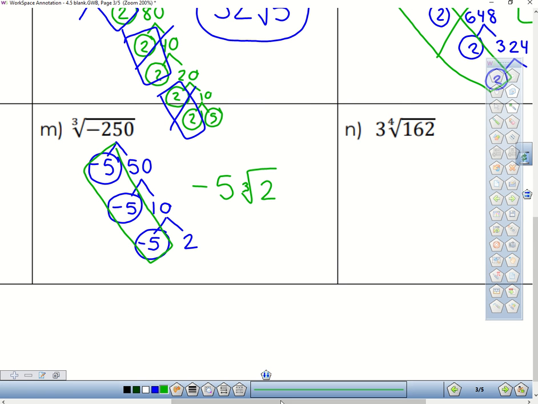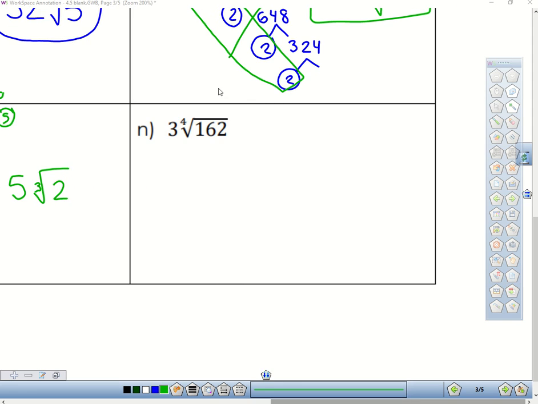So moving on to the next one, we're taking the 4th root of 162. This breaks up into 2 and I believe 81. Yeah. The 2 is prime. What does 81 break up into? 9 and 9. And then all the 9s break up into 3s, right?